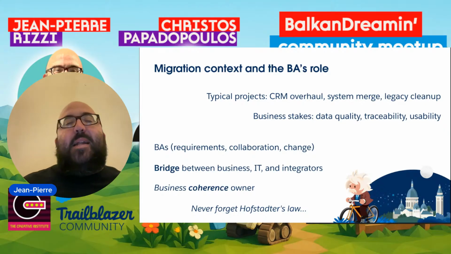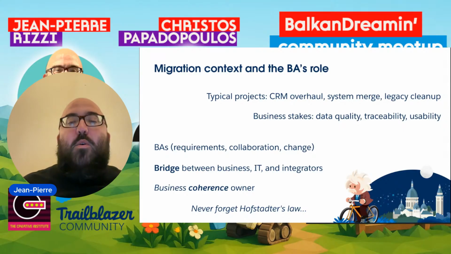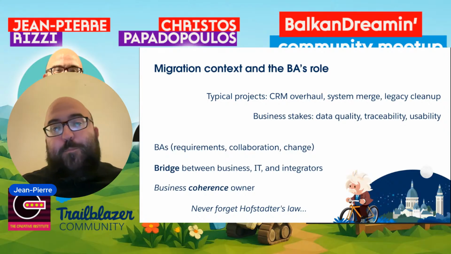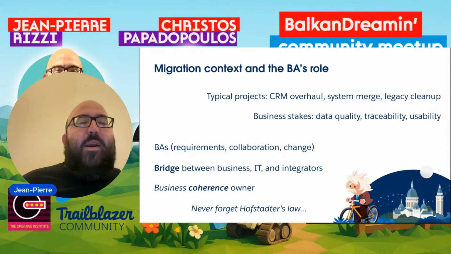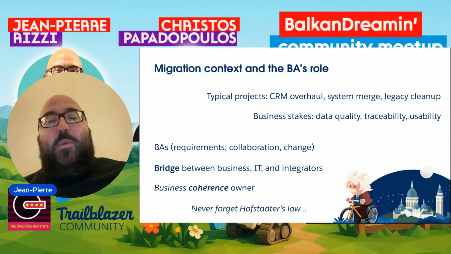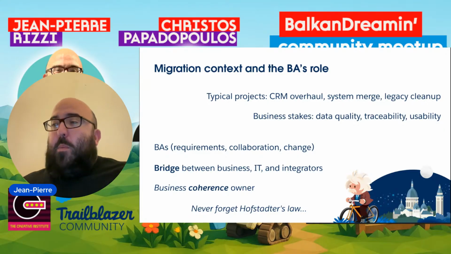And the business stakes that we need to put an emphasis on is obviously the data quality. We want to make sure that that data is reliable, that it's high quality, that we can trust it. There is also an issue of traceability, because especially when you work in a European context or American context, maybe even some other context which are similar about the GDPR, you want to make sure that you keep that traceability of personal data, leads, contacts, and so on.